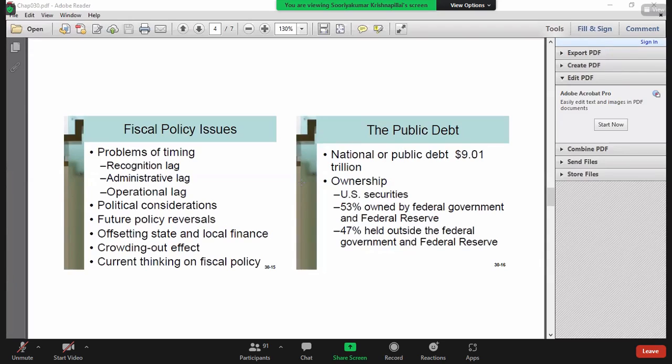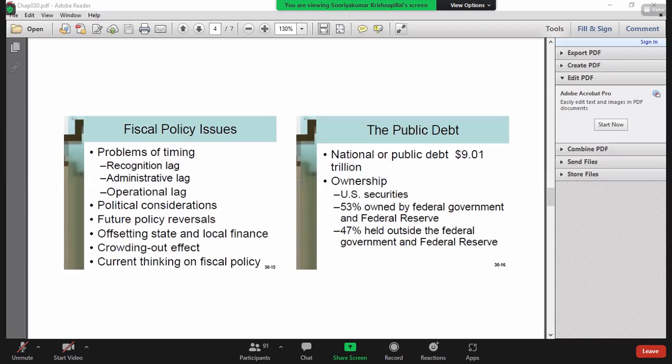Because of people's expectations: if they think this tax cut is for a longer time, then their disposable income increases, they will spend more, the aggregate expenditure or aggregate demand curve increases, real GDP increases, and the economy expands.